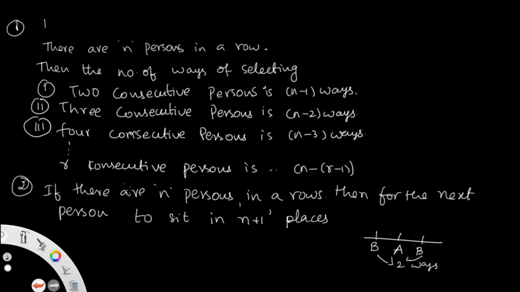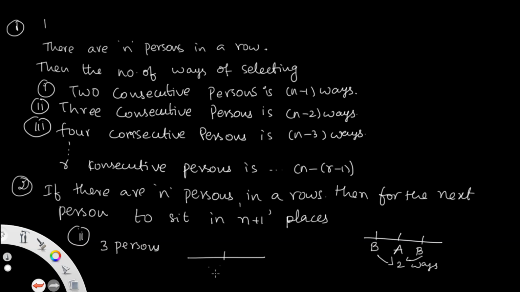So what it means is that if there are n persons in a row, then the next person can sit in n plus 1 ways. This is one way and this is another way. So he can sit in 2 ways. Similarly, if 3 persons are there, how many ways can we select?